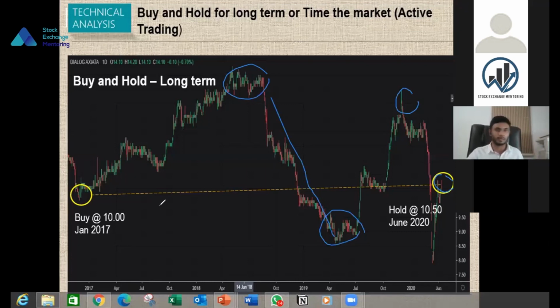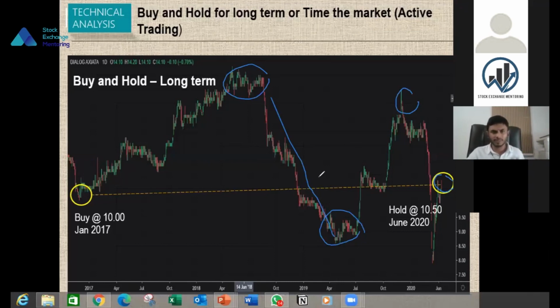In the Colombo Stock Exchange, there are plenty of stocks, similar to Dialog, where you can trade this cycle. You can take that capital gain and make multiple trades, instead of buying and holding for a longer period and making no return. There are plenty of stocks where you can actively trade and make money.